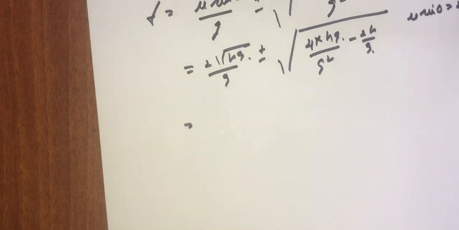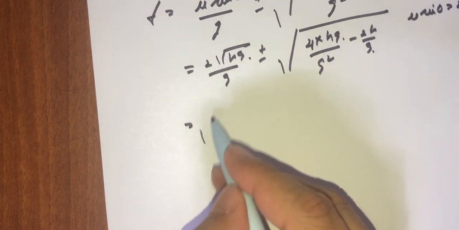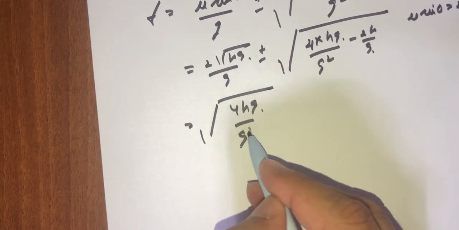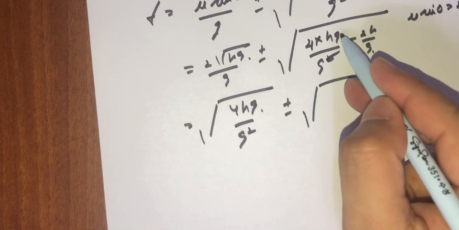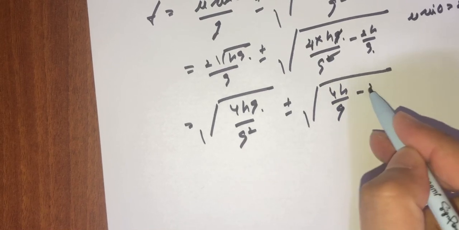So this will be written as, taking 2 as well as g inside the square root, 4hg divided by g squared, and g squared cancels with this g, so this will be 4h upon g minus 2hg.